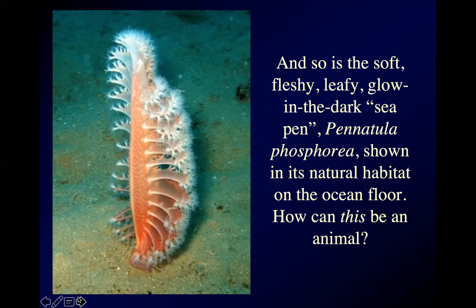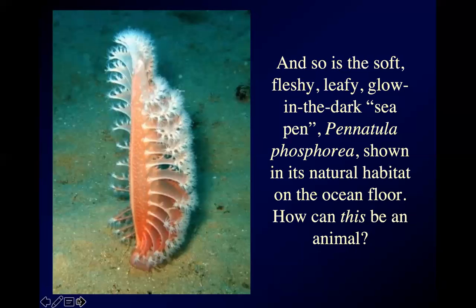I picked this animal because it really does not look like one. It looks like, well, kind of like a feather growing out of the ocean floor. But if you saw it, the first thing you'd think would probably be, hey, that looks like a plant or a seaweed. But it's actually an animal.